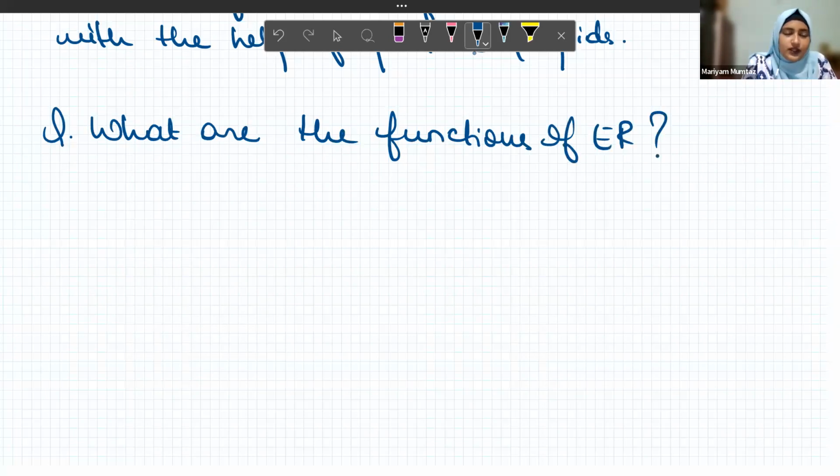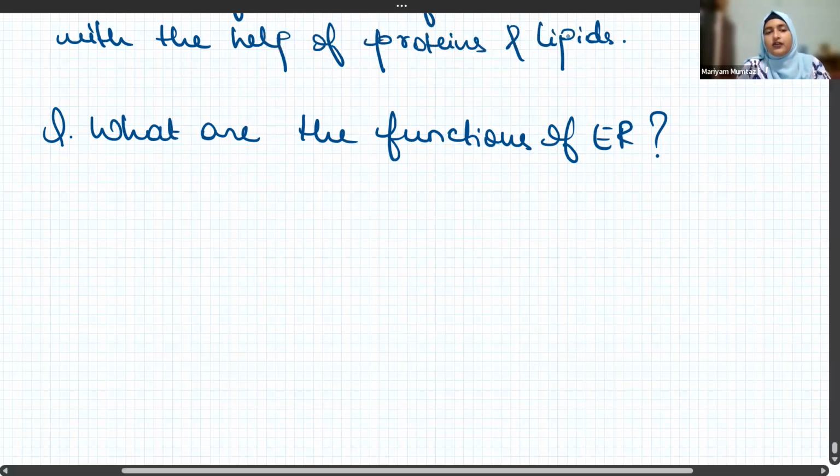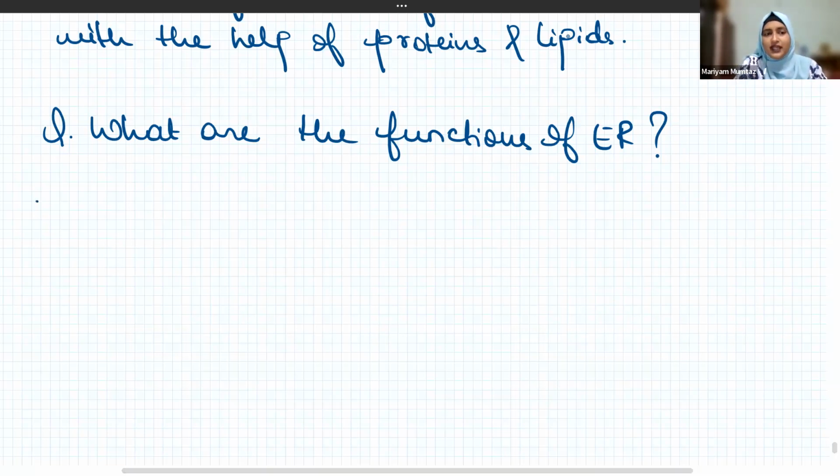Whenever you note it down, note it down in the form of a real answer, not the way I am writing, because I can't write the whole answer. I'll give you the pointers. When you're writing the answer, you'll write the functions of the endoplasmic reticulum are given below, and then you'll start numbering the points. I put arrows, but you should put numbers.